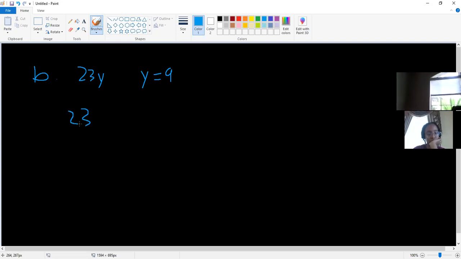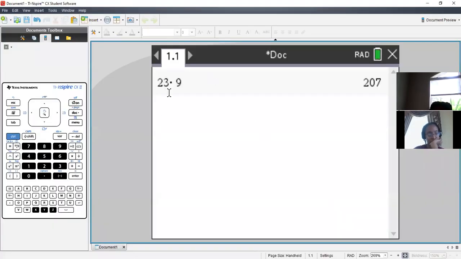So we just open the parentheses to plug in 9. 23 times 9 is 207. So here in this calculator, 23 times 9 is 207. Go back to the paint.